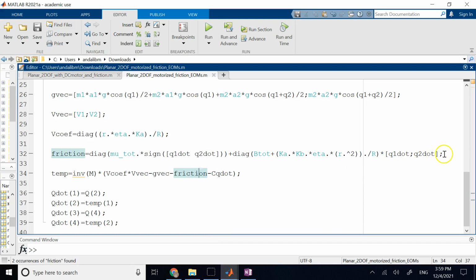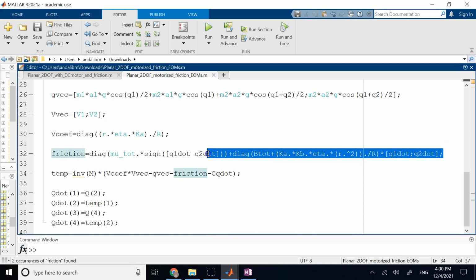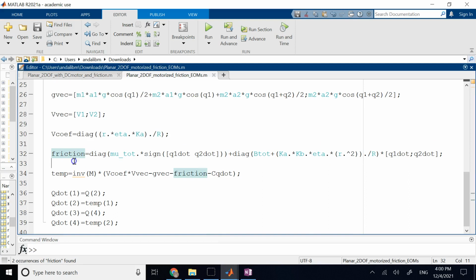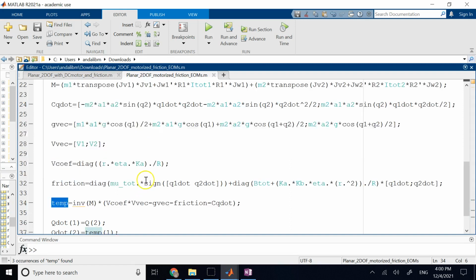Here I combined the Coulombic and viscous friction terms, all of them, in a single variable called friction. So this is all of the friction terms, Coriolis and centripetal terms, gravity terms, minus the voltage terms or input terms, multiplied by the inverse. That's the Q1 double dot and Q2 double dot.